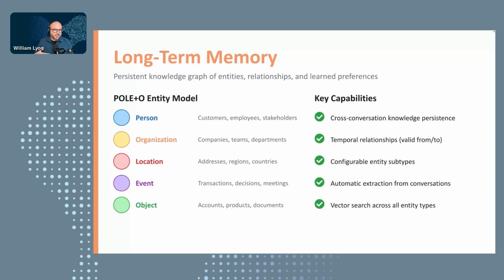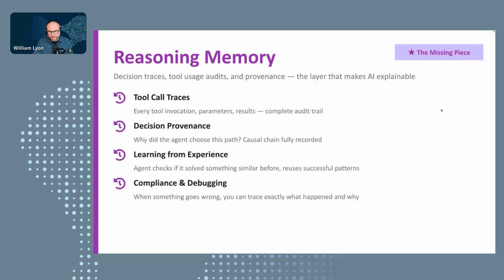So person, organization, location, event, object. This I think of as kind of the starting point, but as you're going through and implementing your own agent memory, I would really encourage you to extend the base data model, the base ontology that's used, and we'll see how to do that in a moment here.